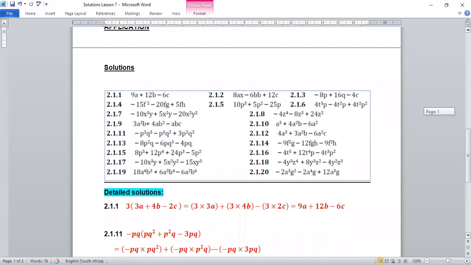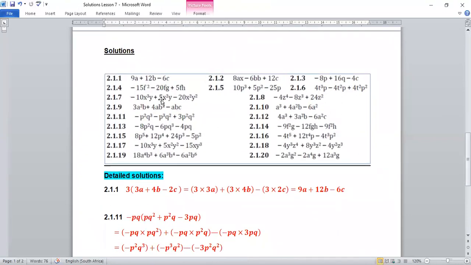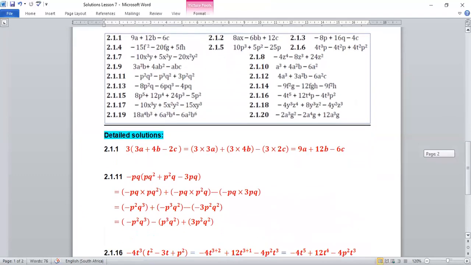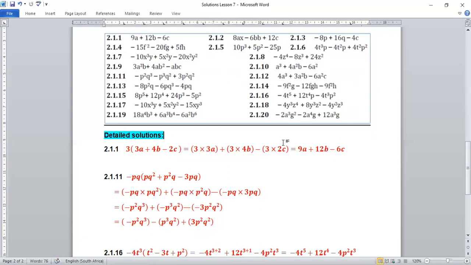The solution to all these questions are shown in this block. So this block represents all the solutions to questions 1 to 16.